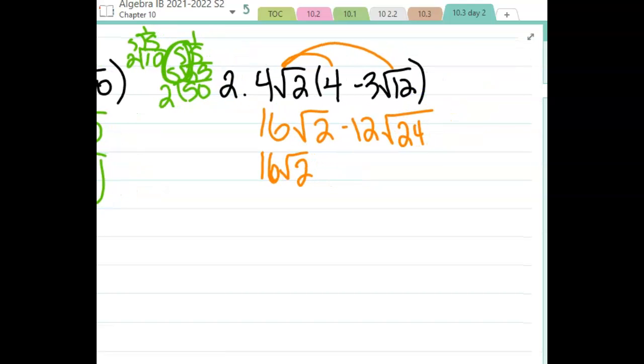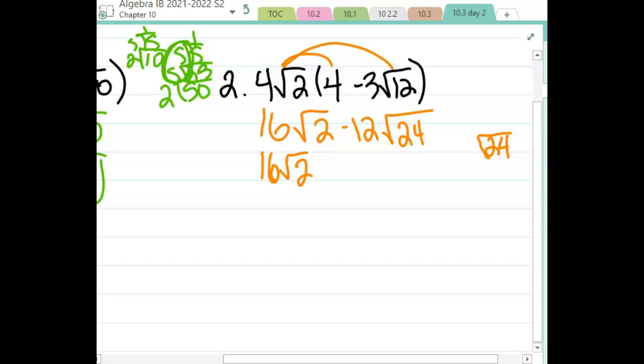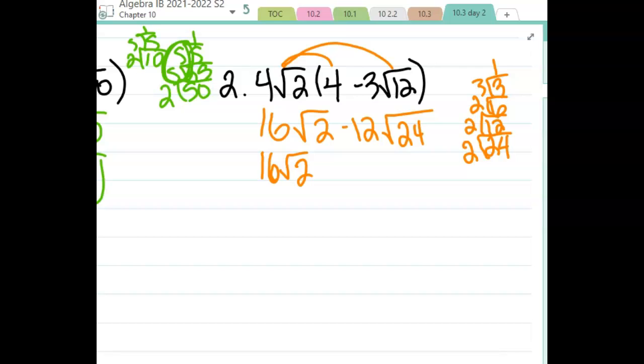But if I look at that 24, I can break down the square root of 24. If I divide out a 2, I get 12. Divide out a 2, I get 6. Divide out a 2, I get 3 and another 3, and we get 1. So I have a pair of 2s, but remember the big thing I told you yesterday, there's already a negative 12 out there.